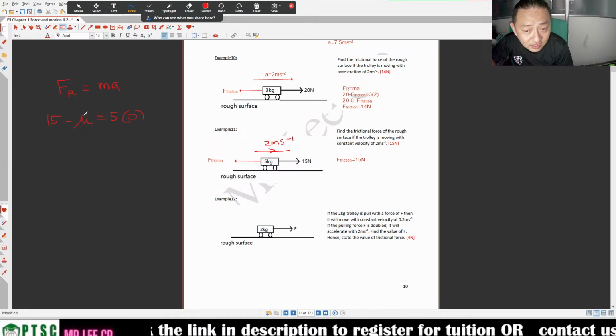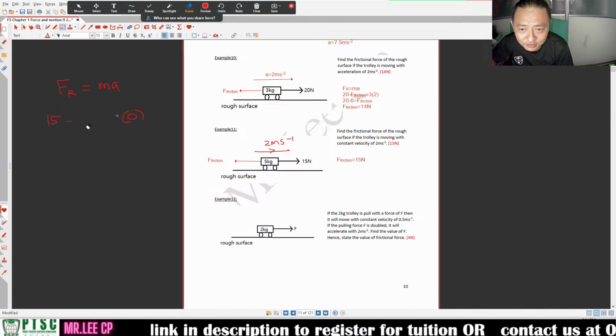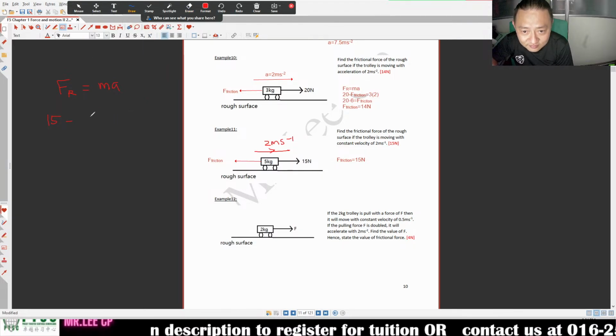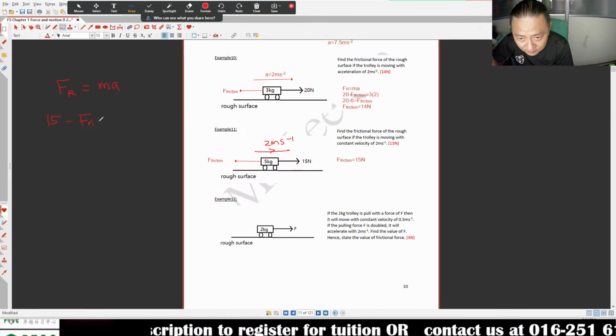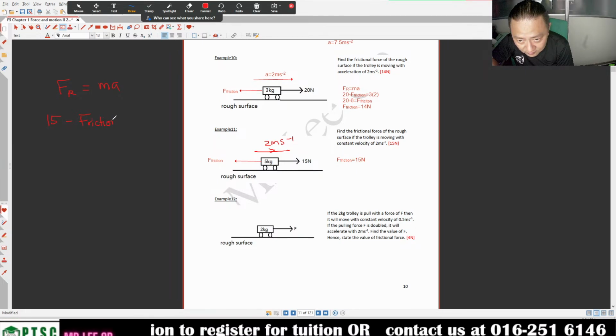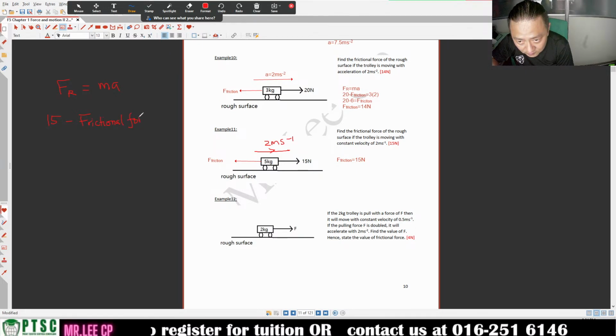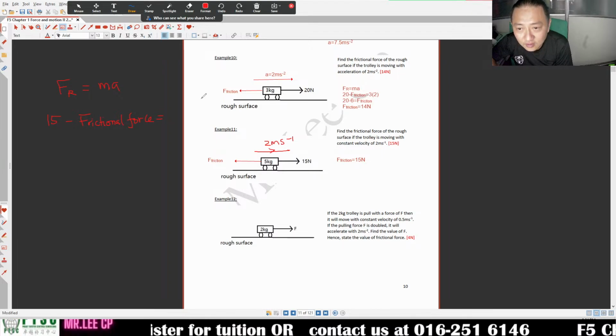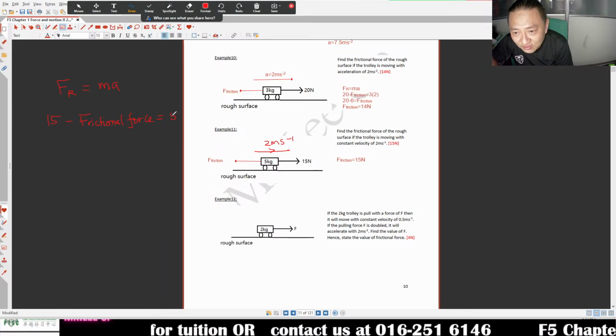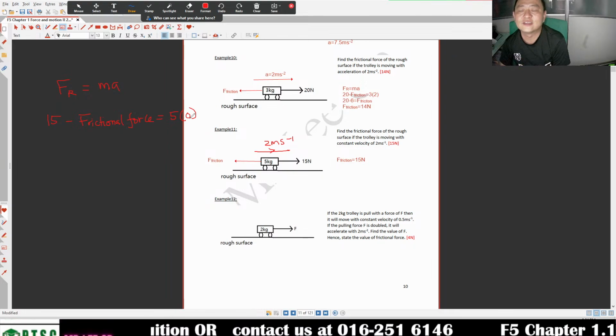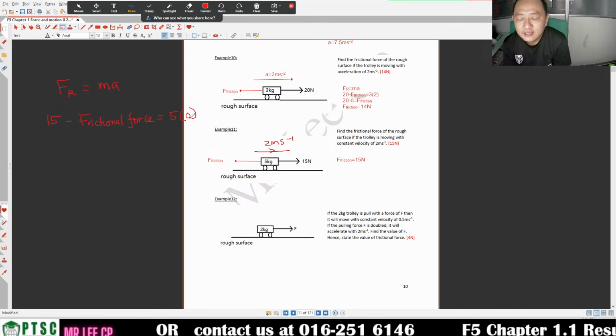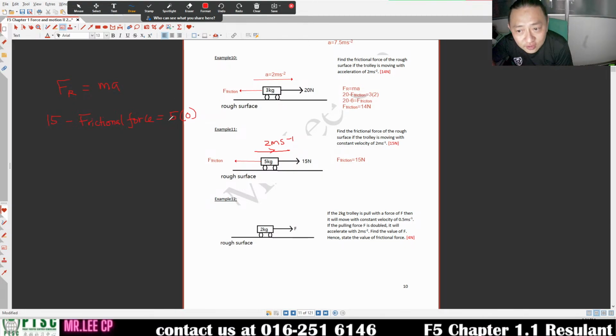This one is friction. MA, yes. M times A, A is 0. Friction times 0.